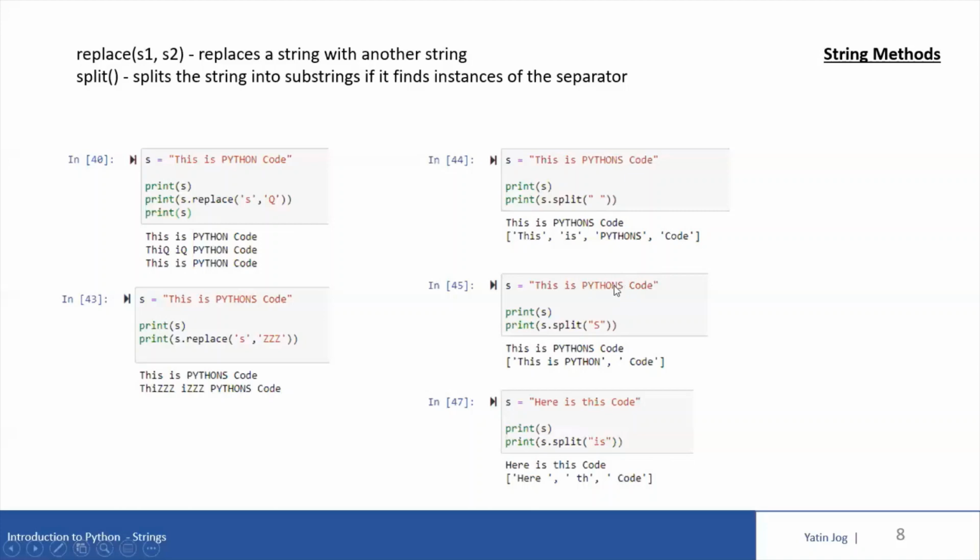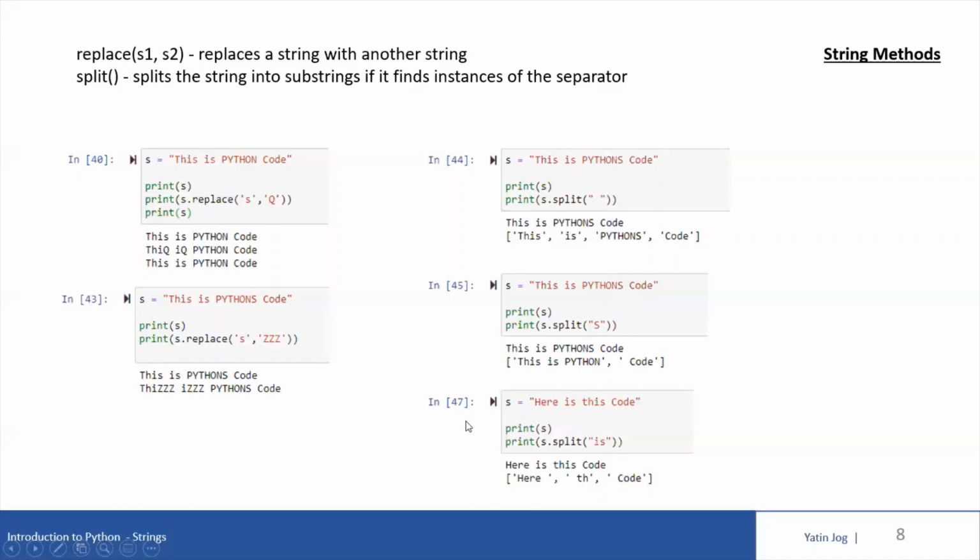So it will split the variable s into two substrings: one substring till capital S and a second substring after capital S. You can look at the output. This is Python with white space is my first string, and only code with that white space is my second substring. So I'm trying to split my string using capital S as separator.